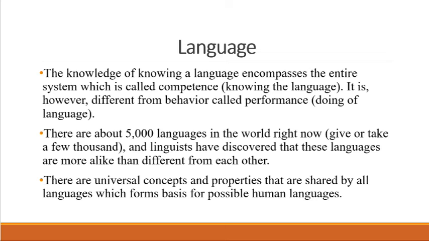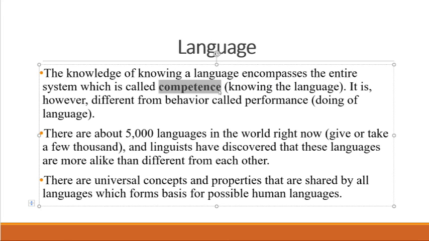All that knowledge regarding language that I have in my mind is called competence. Keep this term in mind because it will be repeated over and over again in linguistics. So competence is the overall knowledge of the language and the knowledge of the system of the language, the way this particular language works.